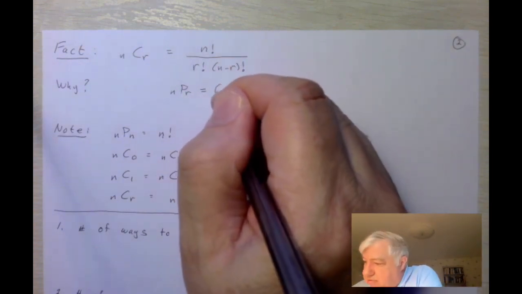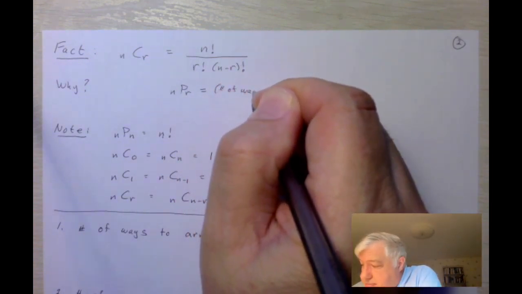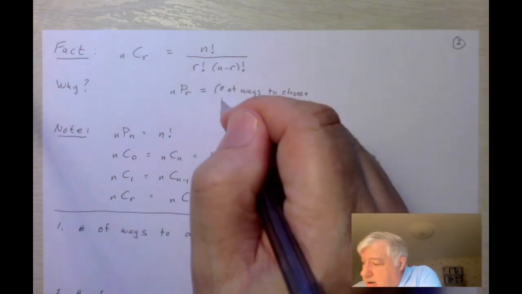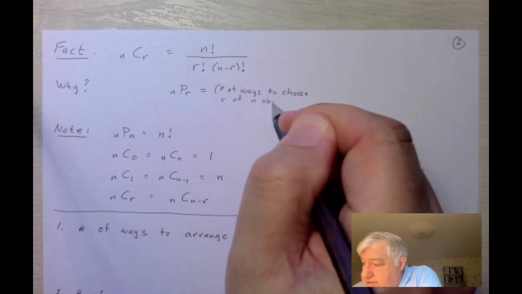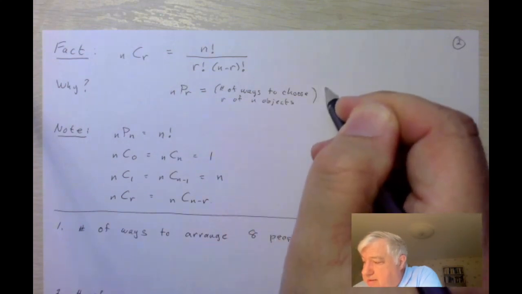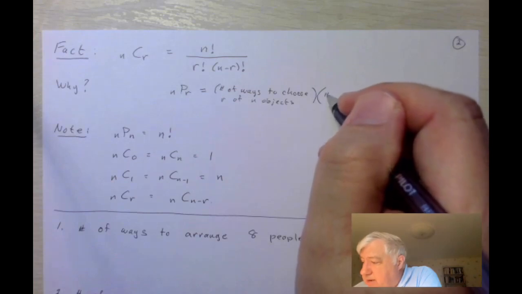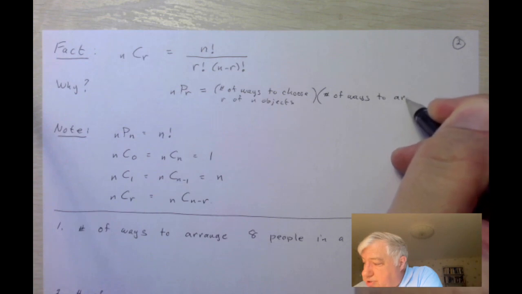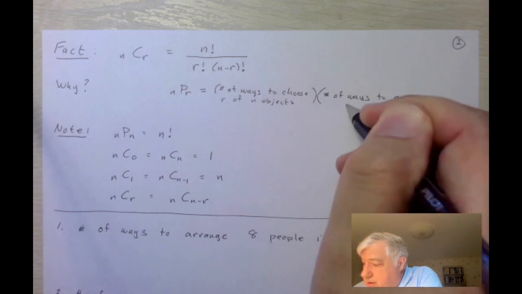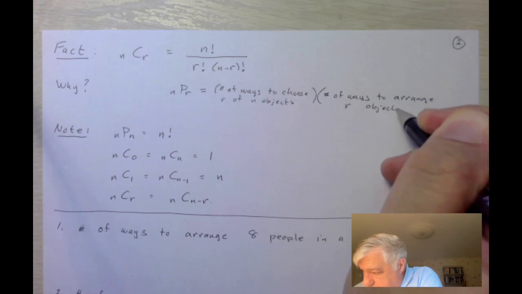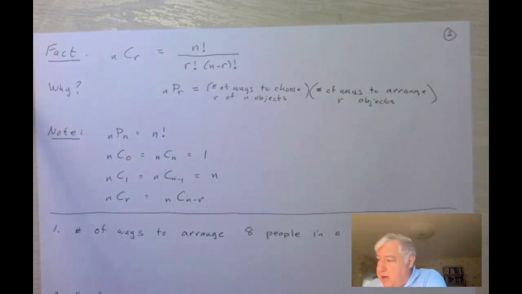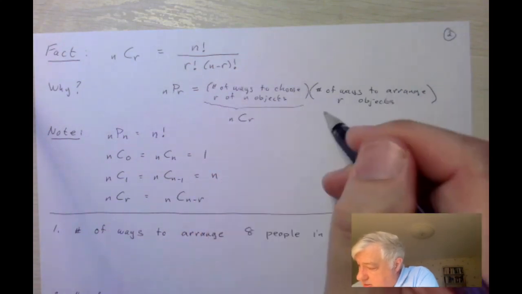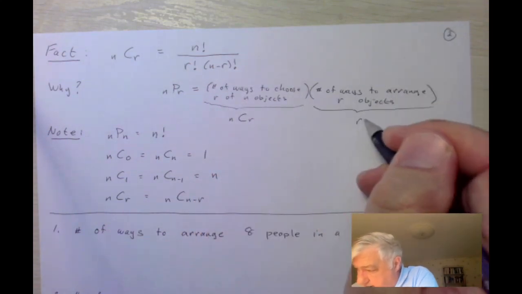So this is really the number of ways to choose r of n objects. We choose them first, and then we're going to arrange them. So we multiply this by the number of ways to arrange r objects. And this, of course, is our nCr, and this is r factorial.